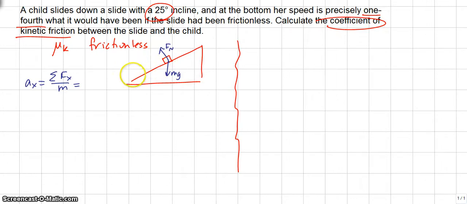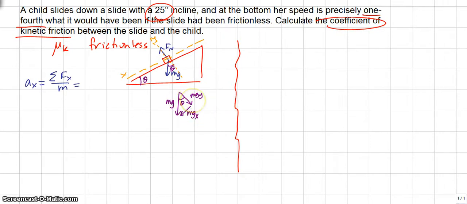Not the horizontal component, I'm sorry, the x component, where our x direction will be along the incline and our y direction perpendicular. So if the angle that the slide makes with the horizontal is theta, then the angle that mg makes with our new y-axis is also theta. Looking at the triangle with the components, here's mg, the mg y-axis component, and the mg x-axis component.